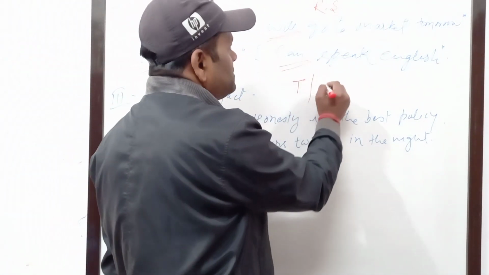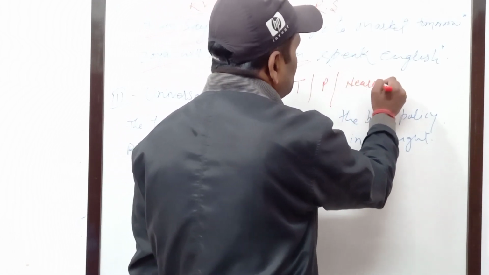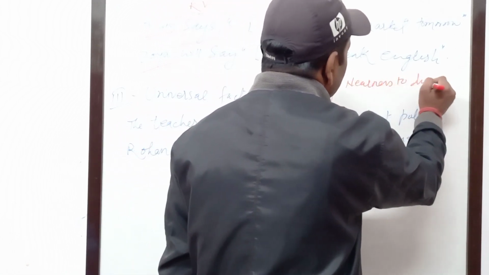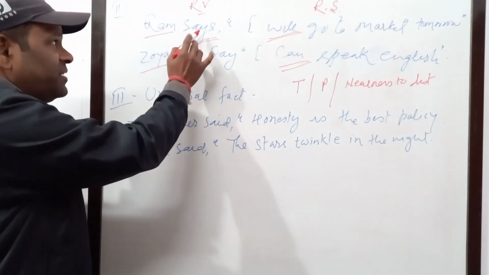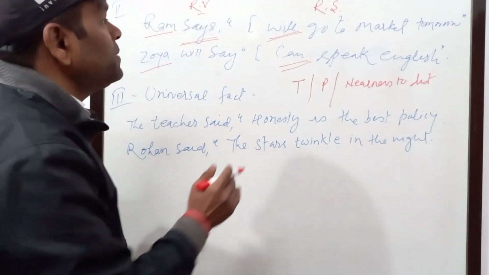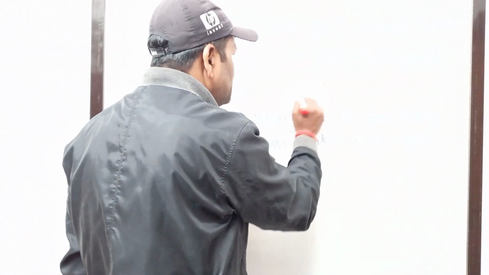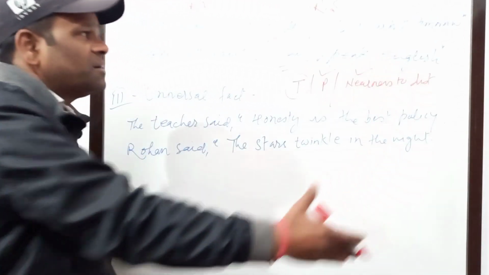One is of tense, one is of pronoun, and one is of nearness to distance. But when this condition applies, when the reporting verb is in present or is in future, we don't change the tense. We change only the pronoun and we change only the nearness to distance.